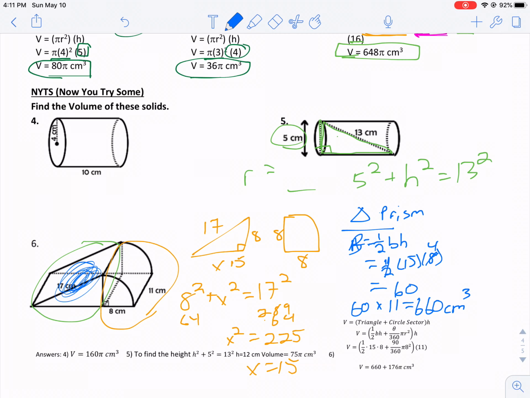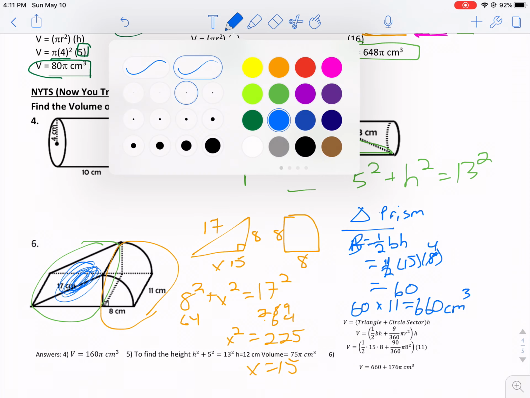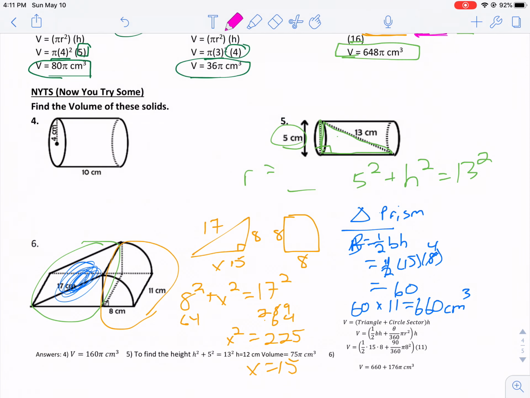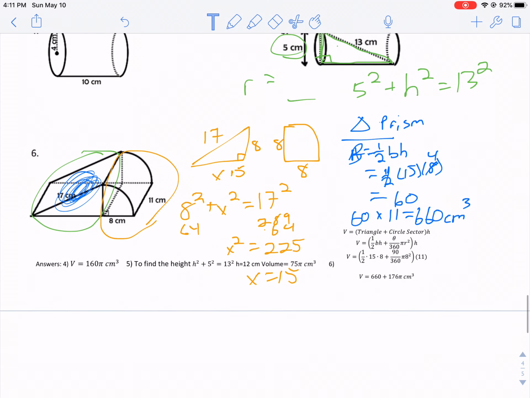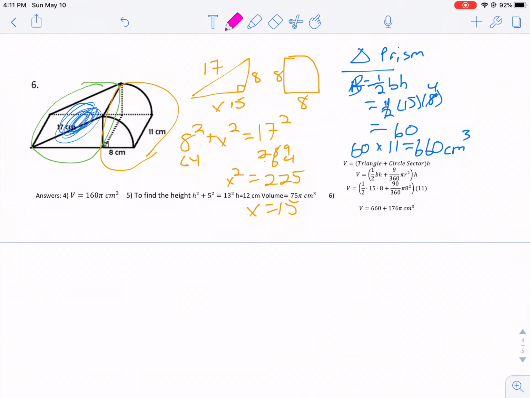Now we have the part of the cylinder. It's not a whole cylinder. So we have that fractional part of a cylinder to deal with.